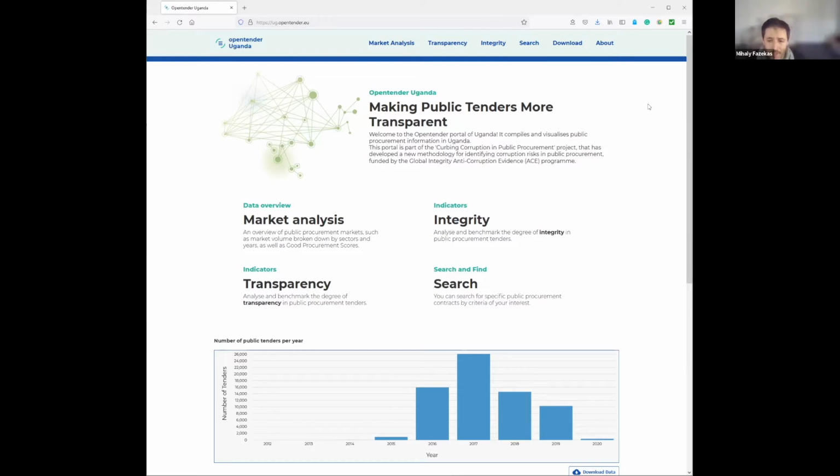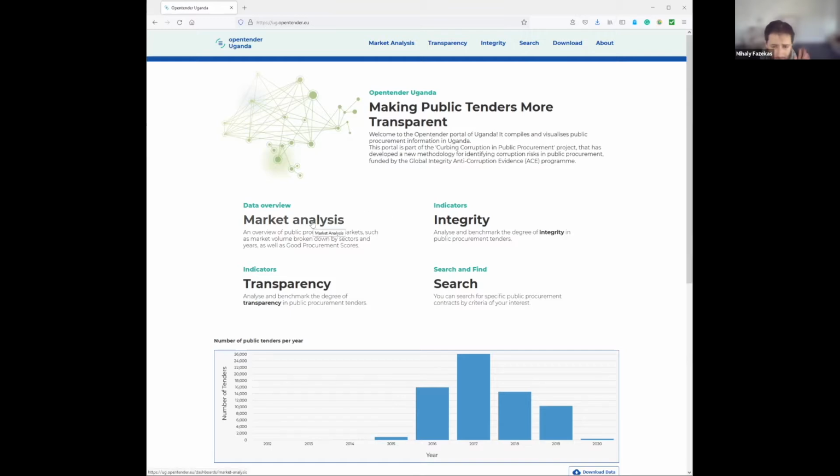is organized around areas of analysis. So organized around themes different users might be interested in. In particular, we have market analysis, so kind of understanding spending patterns and understanding market structure. Then we have transparency, and we also have integrity. So two key areas of themes for anti-corruption, and you can get the data search as well as download.